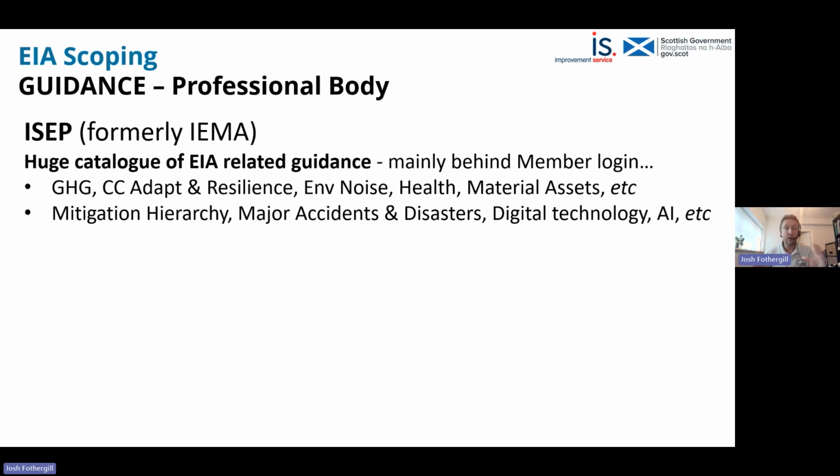So there's a huge catalogue of guidance from IEMA, the Institute of Environmental Management and Assessment: greenhouse gas, climate change adaptation, environmental noise, health, material assets, use of the mitigation hierarchy, how to take into account major accidents and disasters requirements, etc. The majority of that, I'm afraid, is behind IEMA's paywall. However, if you've got any memberships within your planning authority, you can get access to that, and that can be quite useful to be aware of.